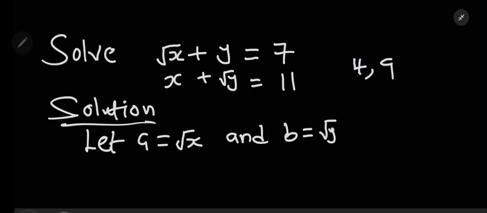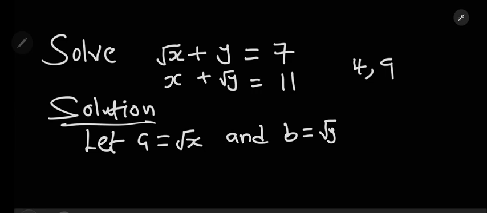That will be the value of x and y, because when x is 9, you have root 9 to be 3. That's 3 plus 4, that will give us 7. Then you have 4 plus 9 plus root 4, that's 2. Root 4 is 2. 9 plus 2, that's 11. So obviously the value of x here is 9, and the value of y is 4.